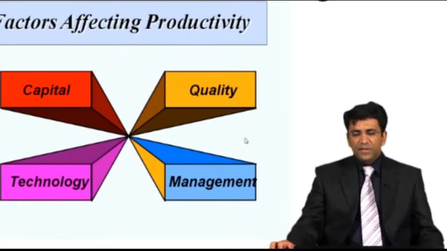Of these four factors, capital, technology and management are related to the input part of productivity, and quality, that is the quality of the output, is related to the output part. So whenever an organization is interested in increasing productivity, it should give due importance to all of these factors.